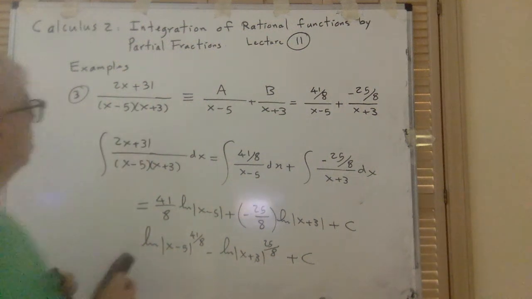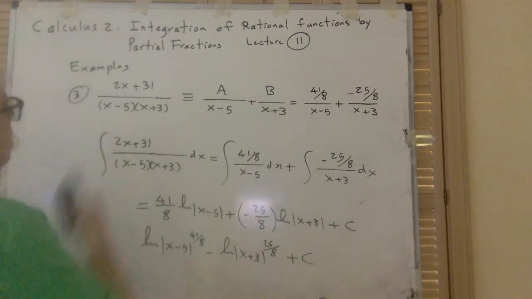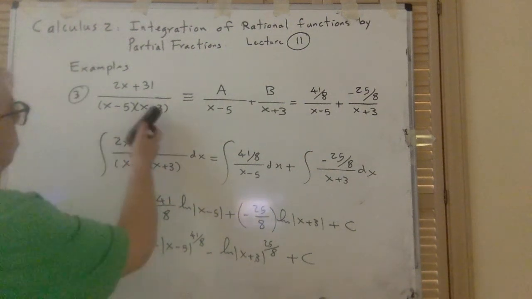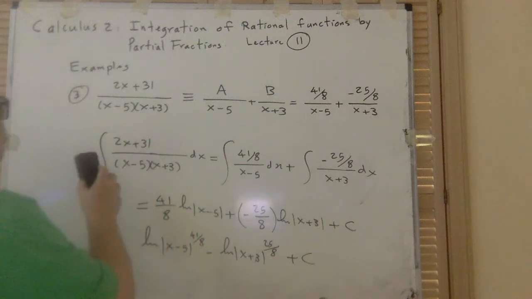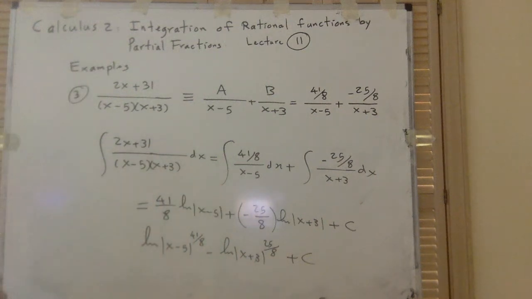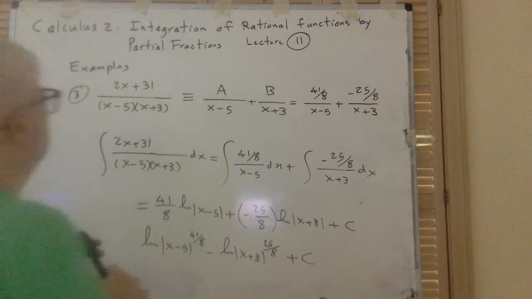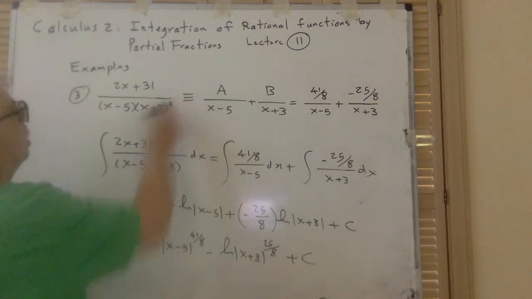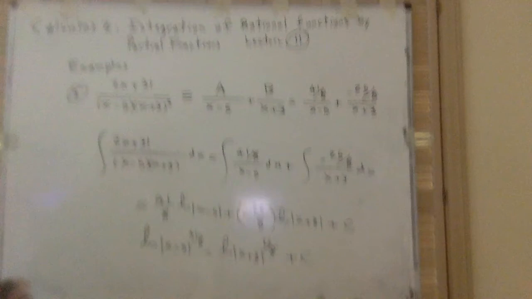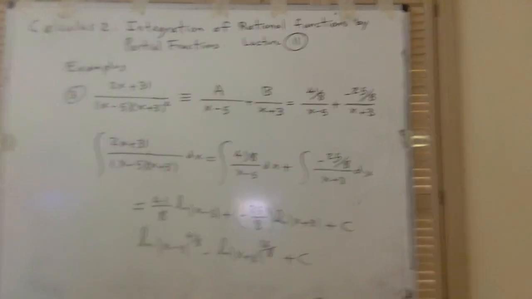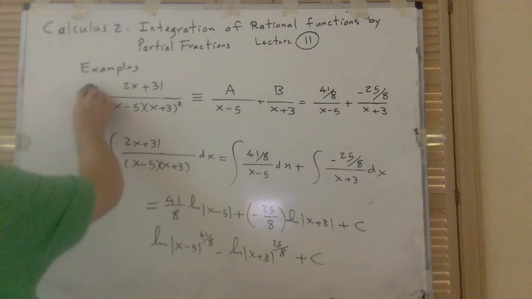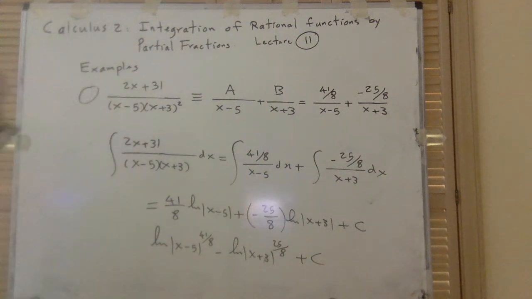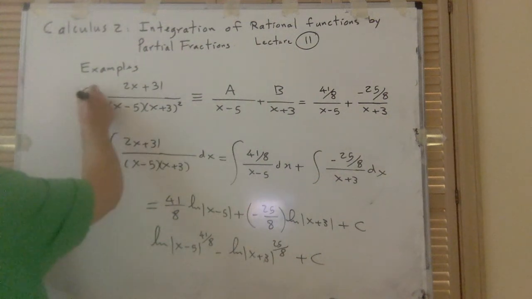So let's integrate another one which has, like this one is, for example, a square. Well, I can do that. Let's just use the same one and put a square here. So that's example number 4. Let's do the same thing.